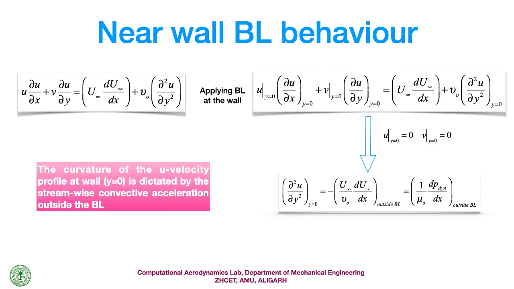This is very important: the curvature at the wall is basically dependent upon the external streamwise pressure gradient, which is outside the boundary layer. The pressure gradient outside the boundary layer basically dictates the curvature of the velocity profile at the wall. This is very important to remember.